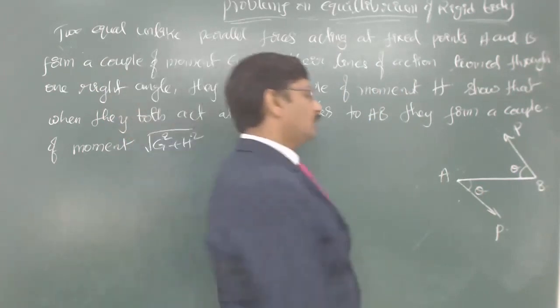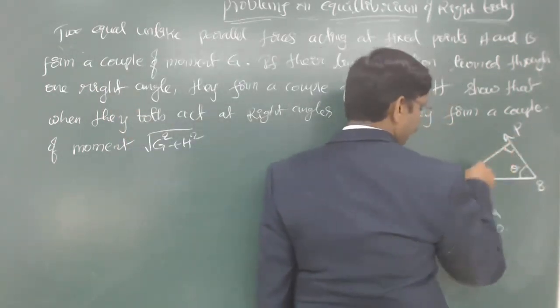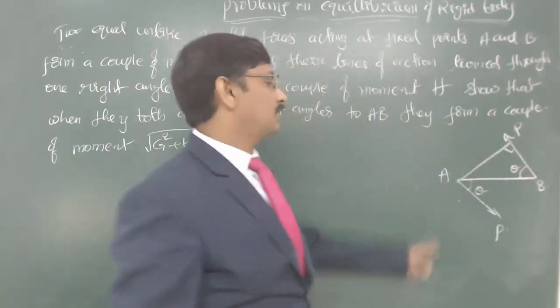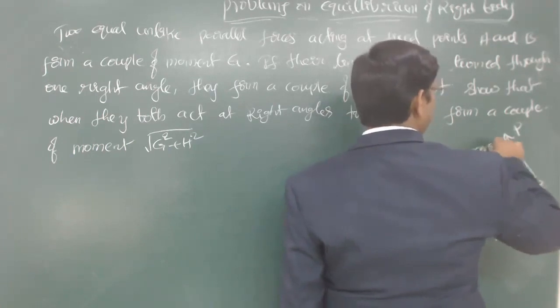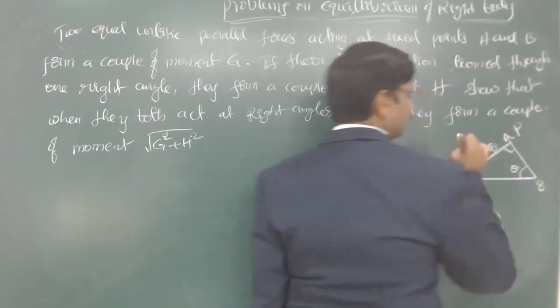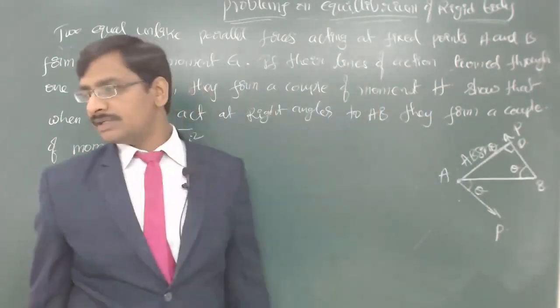Now the perpendicular distance between these two is nothing but this length. So this is AB sine theta, this particular perpendicular distance. I call this AD, the perpendicular distance.